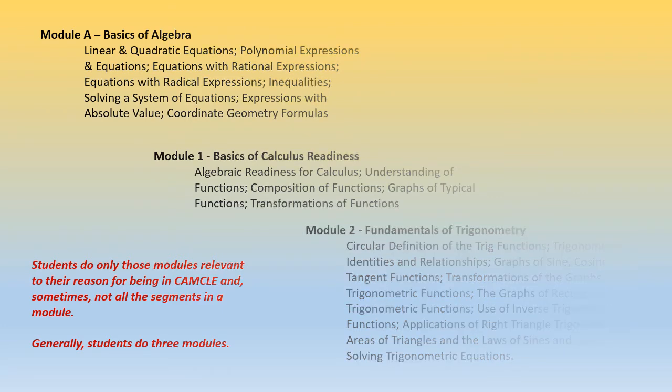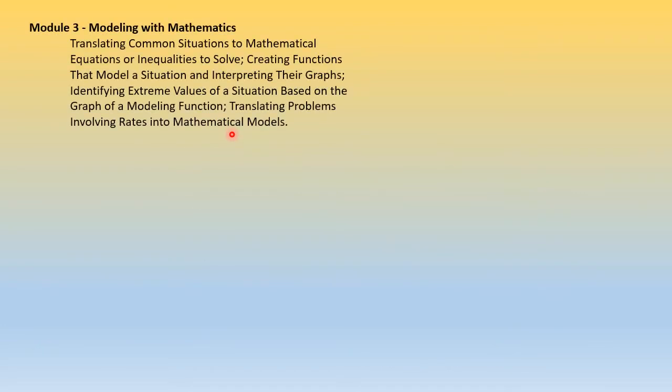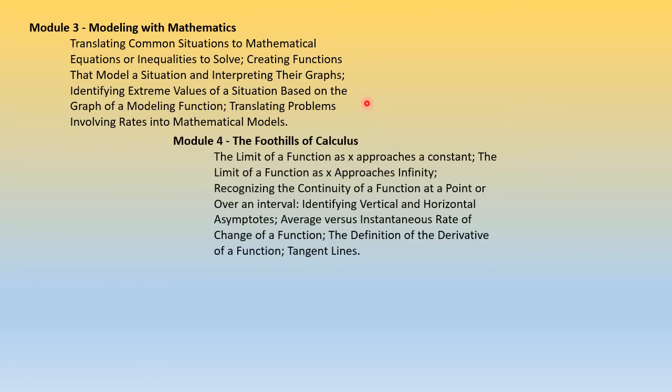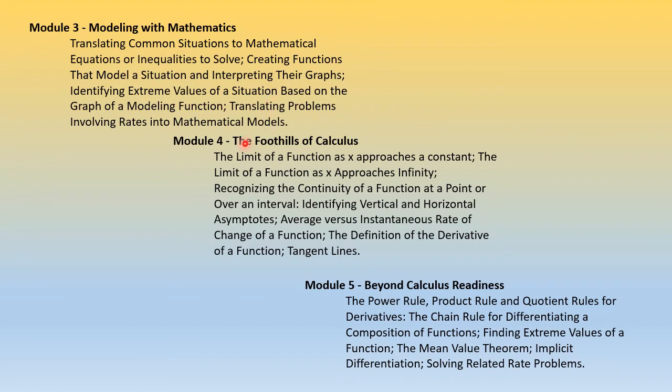However, for those students withdrawing from Math 71, Module 3 and Module 4 also provide additional resources. If you've been through Math 71, you may recognize Module 4 as being the beginning of the course.